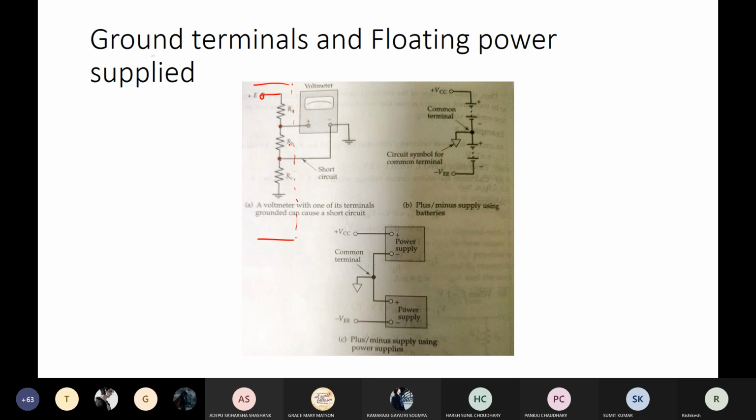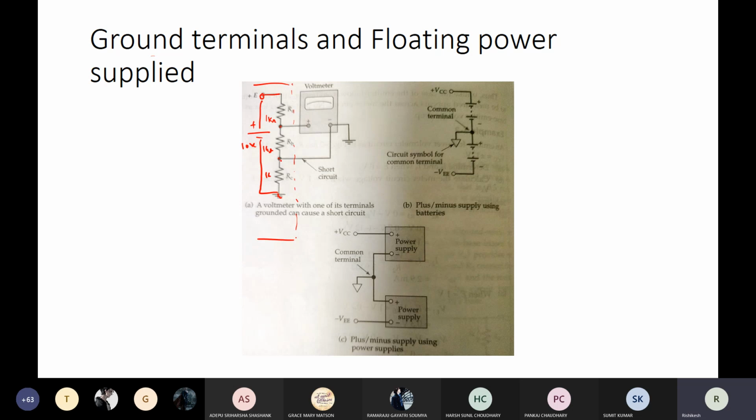Now let's say I connect it like this. This is 10 volts, this is 1 kilo ohm, 1 kilo ohm.